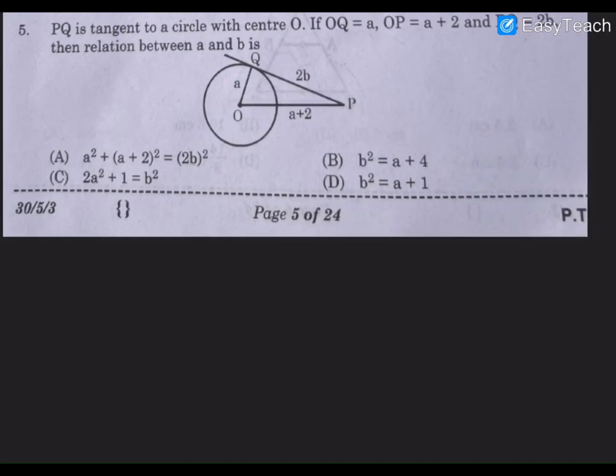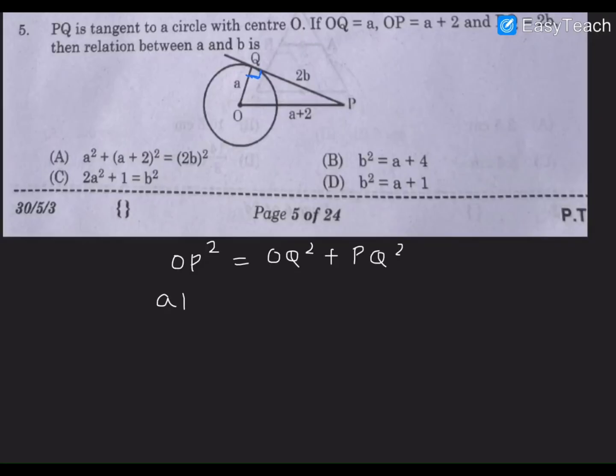Next, in the fifth question, PQ is tangent to the circle. So PQ is tangent, that means this is your 90 degree. OQ is given A, QP is given 2B, and OP is given A plus 2. That means OP square equal to OQ square plus PQ square.